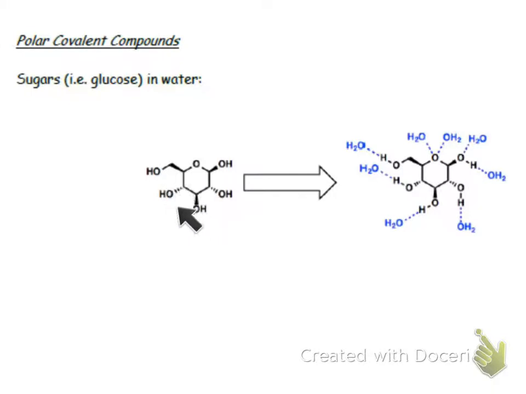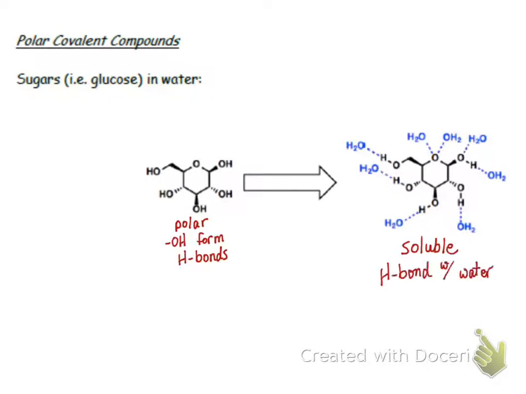Sugars have OHs, and the OHs can form hydrogen bonds with each other if it's solid, but if we put them in water, they can form hydrogen bonds with water. And what this means is that sugar dissolves in water. So if they have attractive forces for each other, then that will make them soluble.